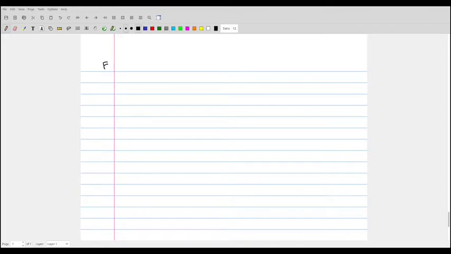So consider the example, the limit as (x, y) goes to (0, 0) of x squared minus xy over the square root of x minus the square root of y.